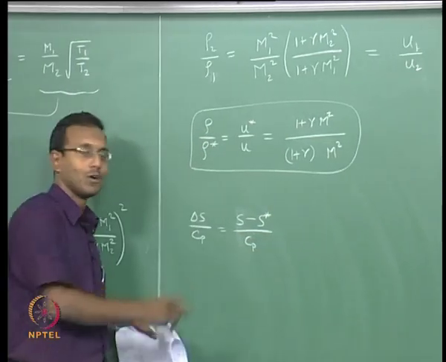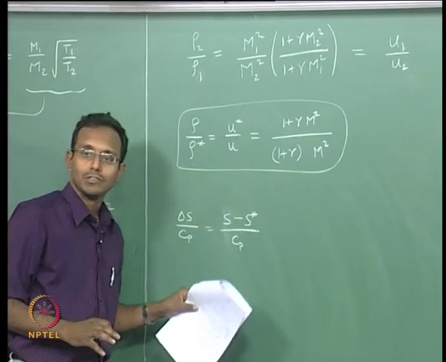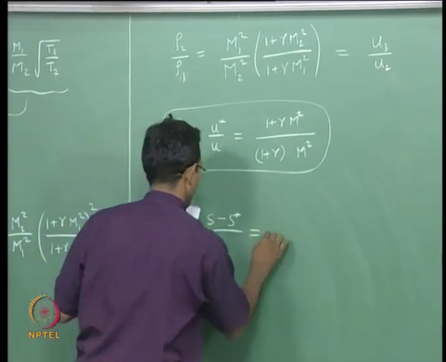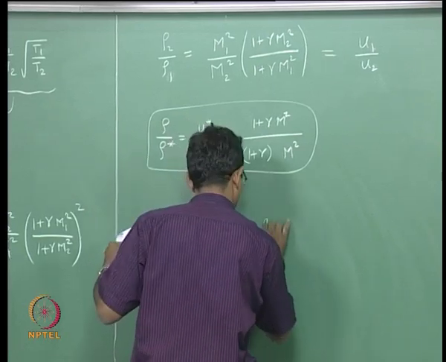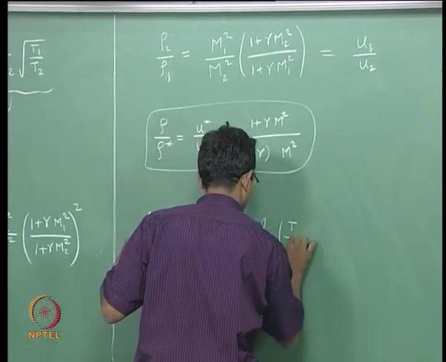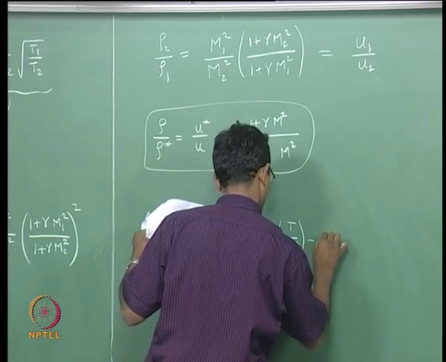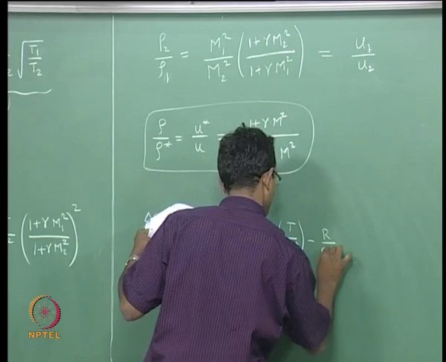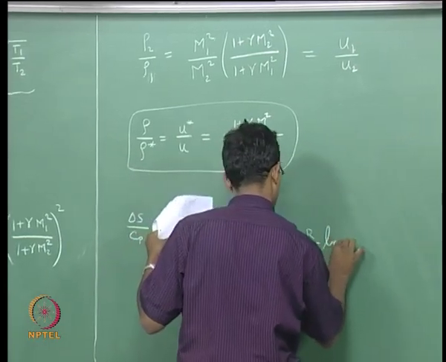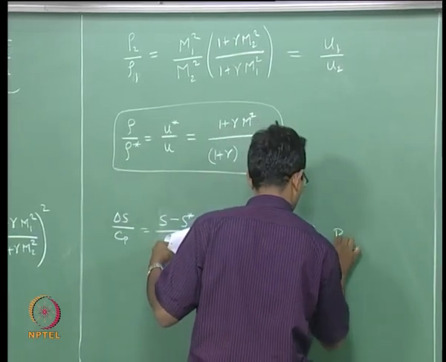Okay, I want to define what is state 1, what is state 2, so that now when I write my expression it will be easier to think about. This is equal to log of T by T star minus R by Cp times log of P by P star.